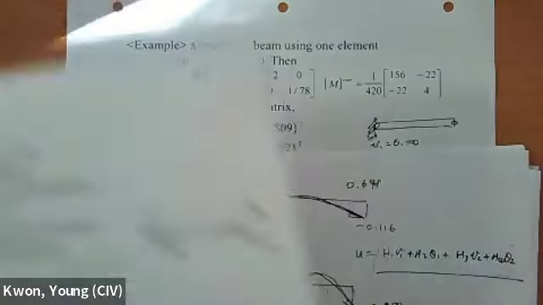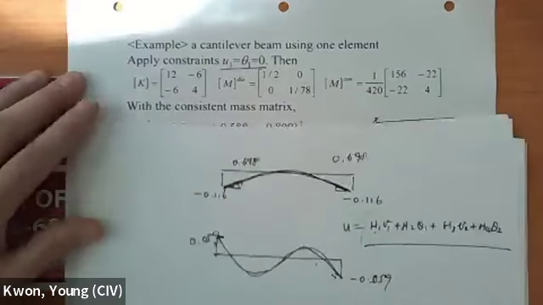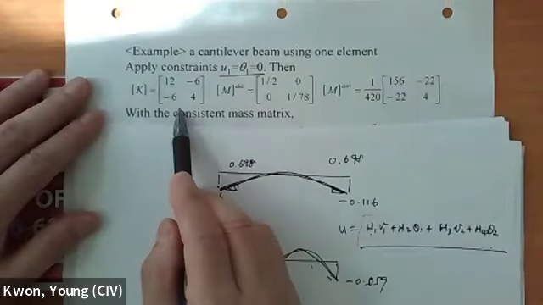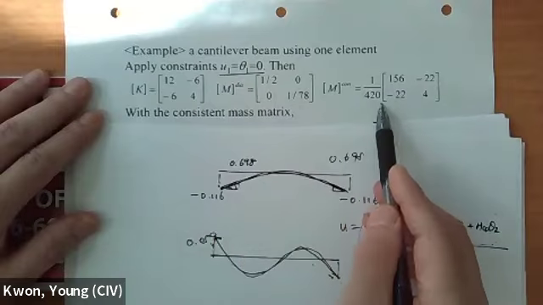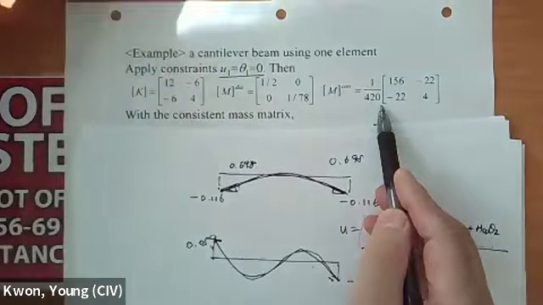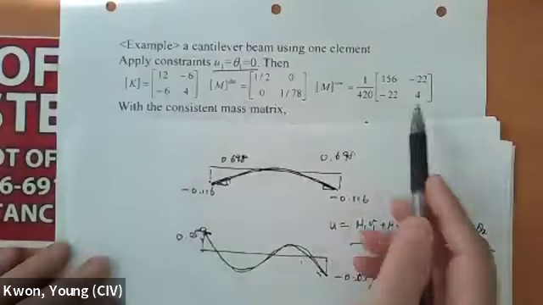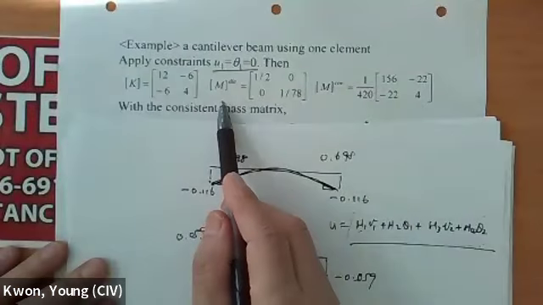So you have the stiffness matrix like this, and then the diagonal mass matrix and the consistent mass matrix in this manner. So you got 2 by 2 out of 4 by 4, deleting those row and column.